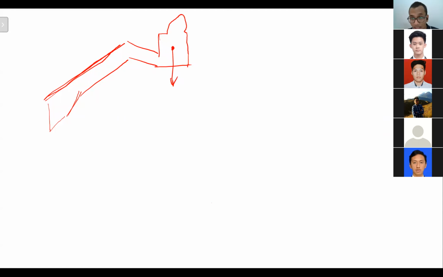At point G here, there will be 1,800 Newton. Actually, it's not supposed to be 1,800 Newton. It is 180 kilograms multiplied by 9.81 meters per second squared. Then what else do we have there?